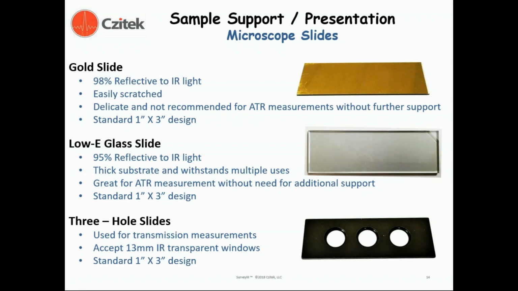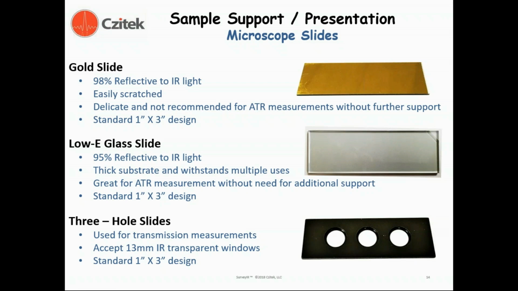One can measure samples in a reflection mode, a double pass reflection mode. These are standard 1x3-inch format and can fit into the sample clip of the microscope. They are easily scratched, which is a downside, and they're not recommended for ATR measurements without further support because they're fairly thin and delicate.